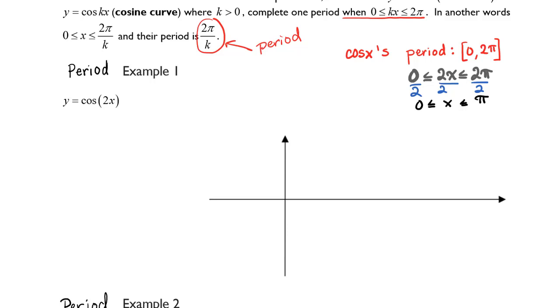So that means that a normal cosine period would be a 2 pi long period where you have a max at 0, a min at pi, and then a max again at 2 pi. And your curve will look something like this.